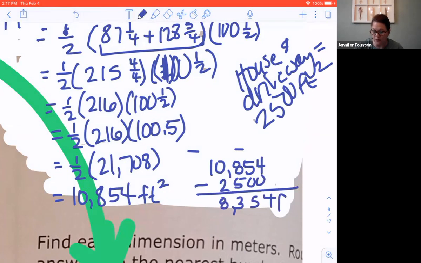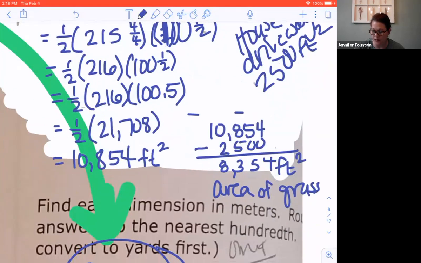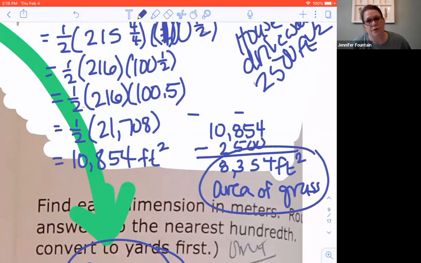So my area of the grass is 8,354 feet squared. Okay, so I just used my formula of my trapezoid.